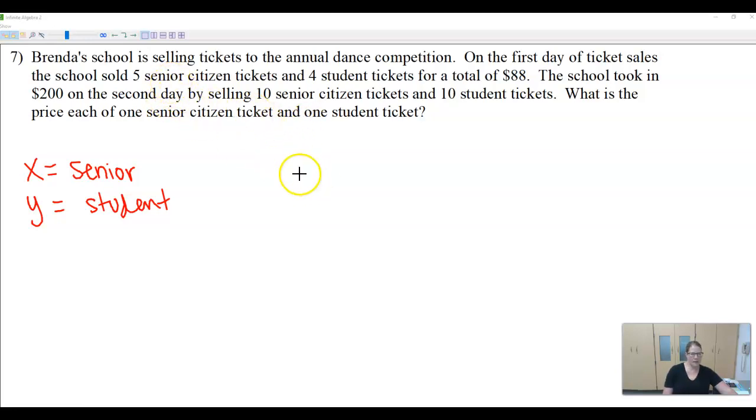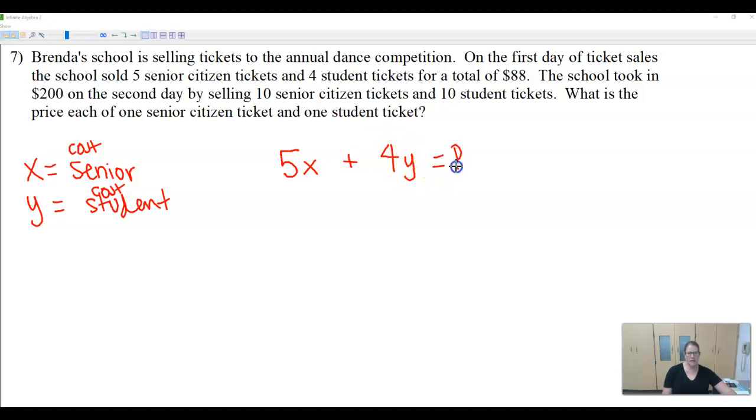So it looks like we have the first day they sold 5 senior tickets. So this is the cost of the senior ticket, and this is the cost of the student ticket. So if they sold 5 tickets, we would multiply that by 5 senior tickets. We'd multiply that by the cost to get the total amount of money they took in, and then we would add that to the 4 student tickets, and we would times that by the cost of each student ticket.